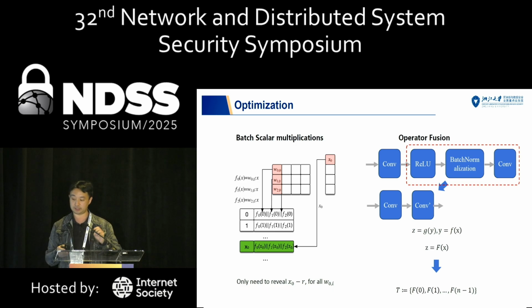For example, in machine learning, you probably have one input for multiple different scalars like W0, W1, W2 with the same X. Then we can batch them together using one table, and it's almost the same efficiency. And we can also fuse the operators. For example, you have a ReLU layer, you have a BN layer, and you have another convolution layer.